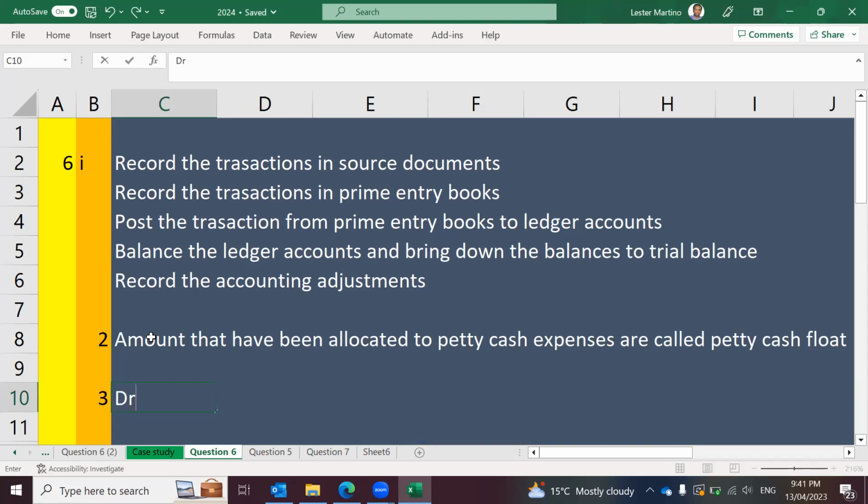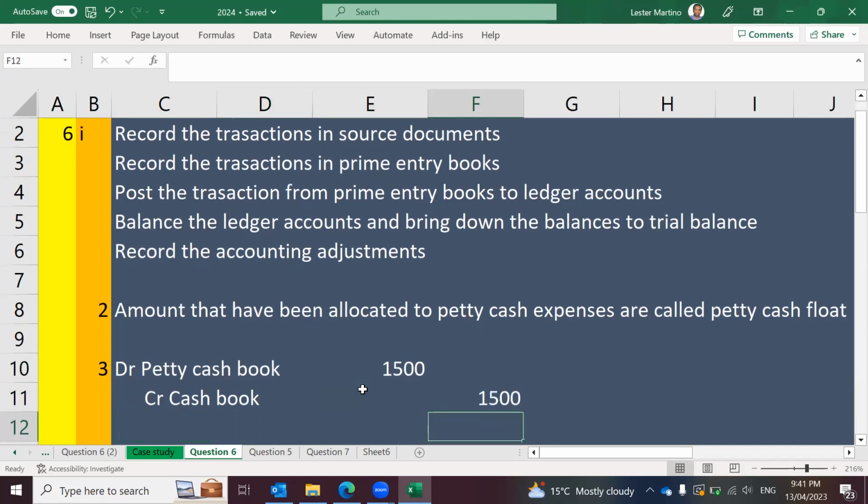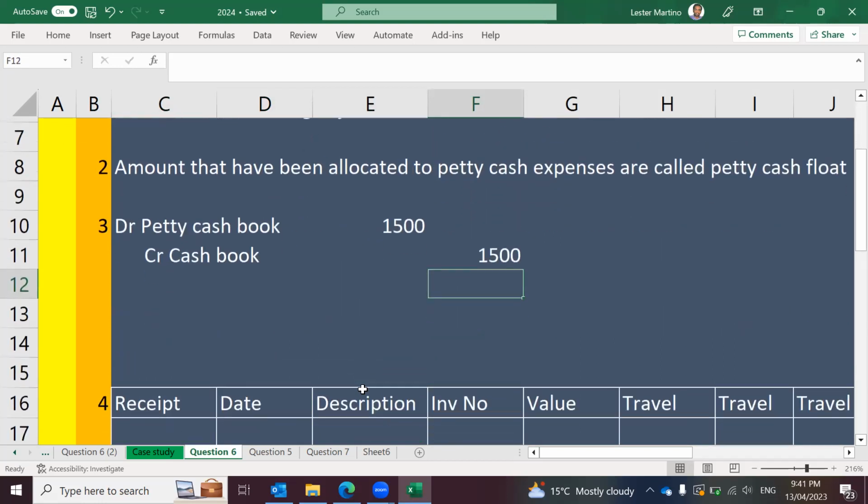Double entry, debit petty cash book, credit, 1,500.